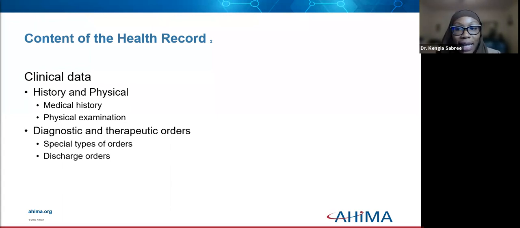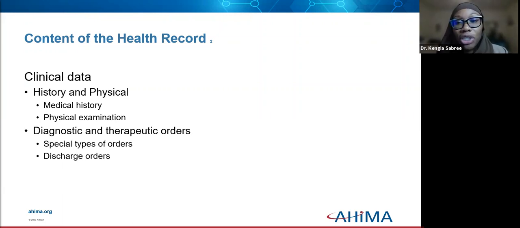The physical exam is conducted by observing the patient, palpating or touching them, tapping on their thoracic or abdominal cavities, listening to their breath and heart sounds, taking their blood pressure. So in the comprehensive physical exam, each body system of the patient is examined thoroughly. The facility must have a policy that establishes a time frame for completing that history and physical.